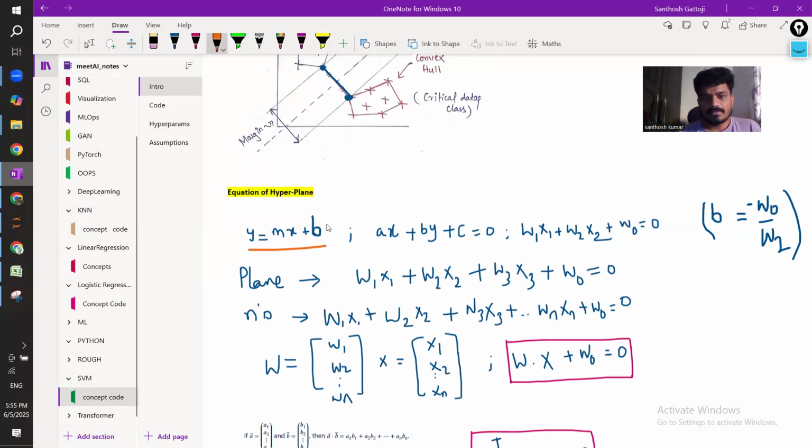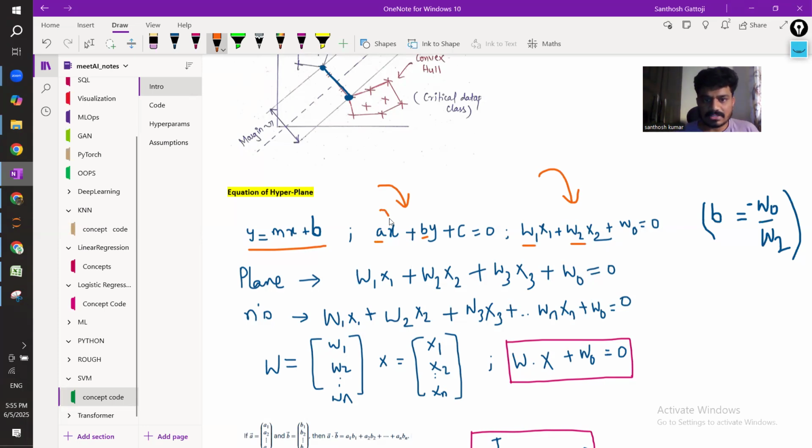This is a more generalized equation of a line: ax plus by plus c. And this is even more generalized: w1 x1, w2 x2. The reason is, if you have more features, you use w1, w2; if you have more, it is just w1, w2, w3, w4.